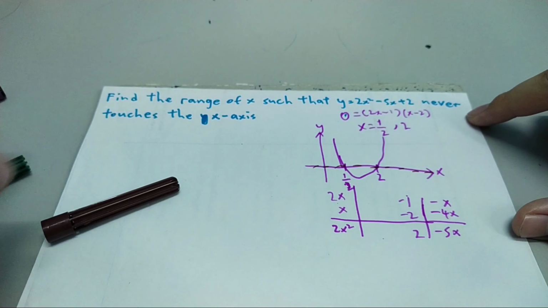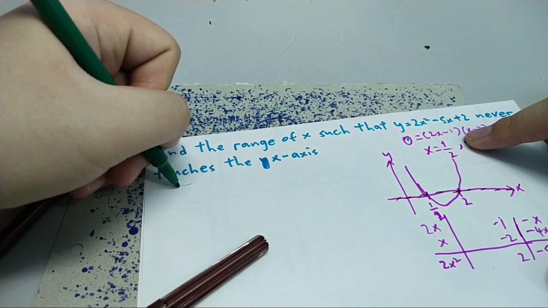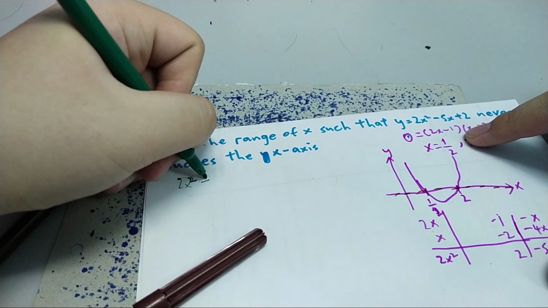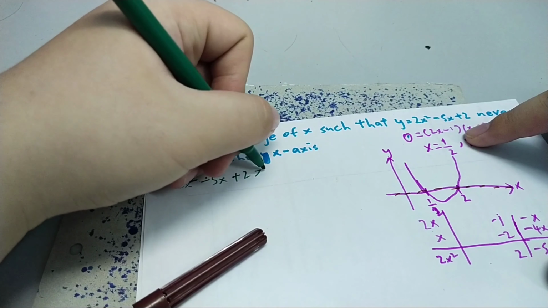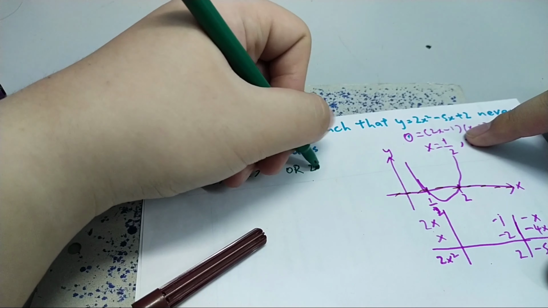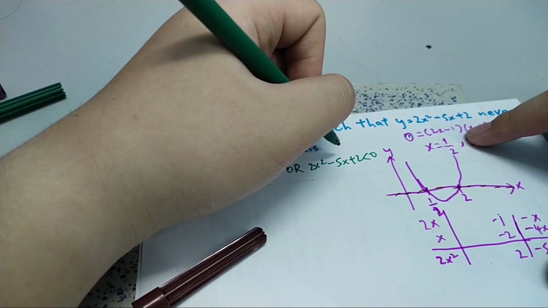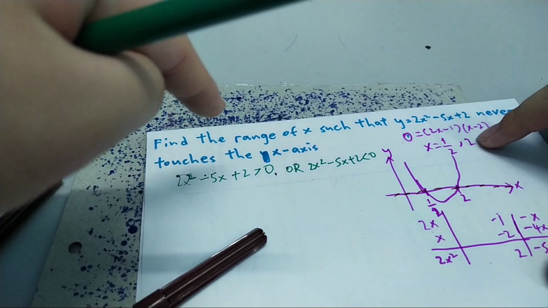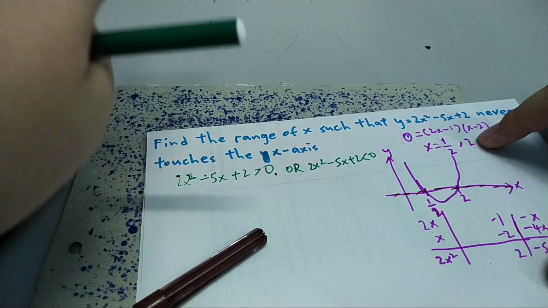So either 2x squared minus 5x plus 2 is bigger than 0, or 2x squared minus 5x plus 2 is less than 0. No equal to, because the question says to find the range of x such that it never touches the x-axis.